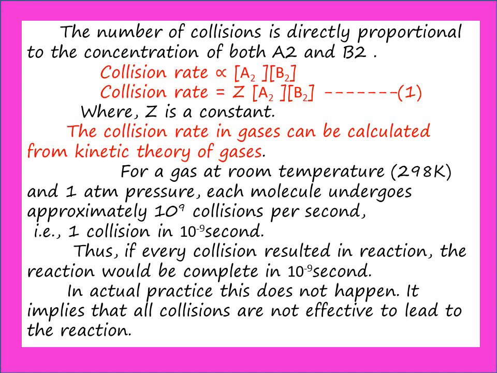If all the collisions are effective, that is, if all 10 power 9 collisions per second give product, then the reaction will complete within 10 power minus 9 seconds. But it is not happening in actual practice. That means all the collisions are not effective in leading to chemical reaction.